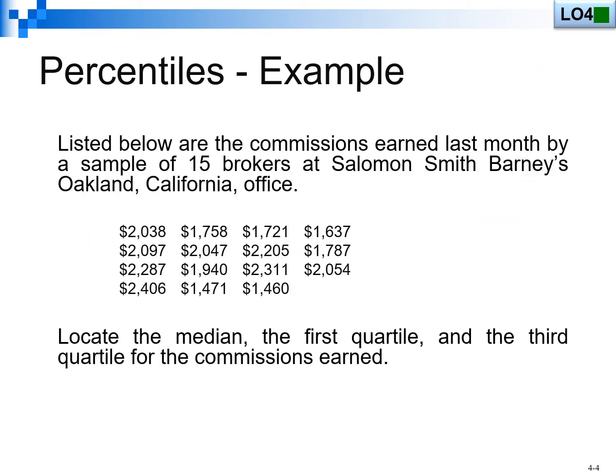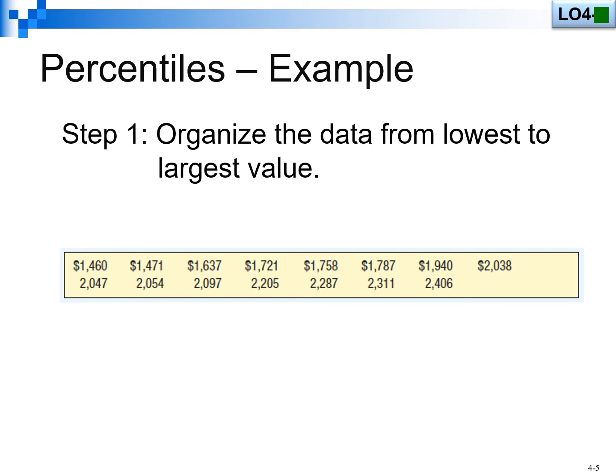Just using this as an example, always note n is equal to 15 brokers, so that's our sample size. Notice this data isn't in any particular order. So eventually when we want to get the median or what they call first quartile or third quartile, we're going to have to take this data and put it into ascending order first before you do anything. So you'll notice that's pretty much what we've got right here, organizing the data from lowest to largest. The lowest number right here is 1,460, and the highest number is down here, which is 2,406.